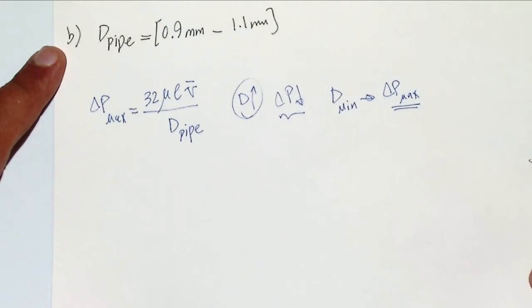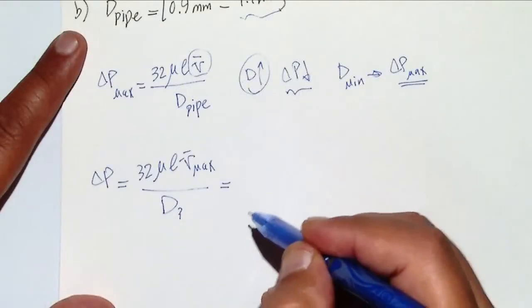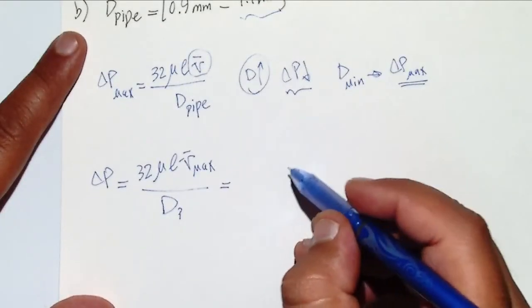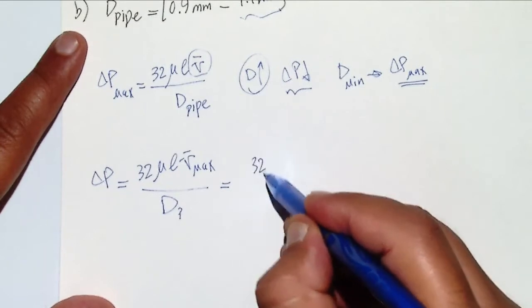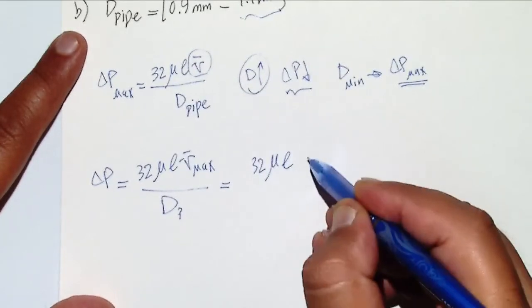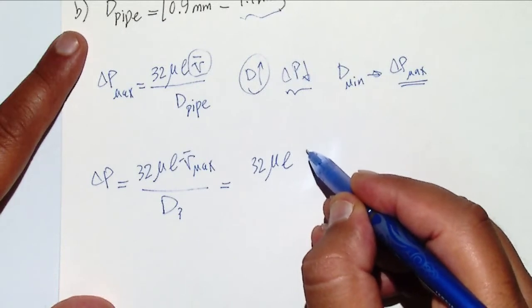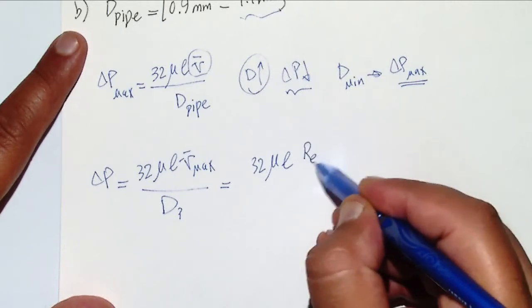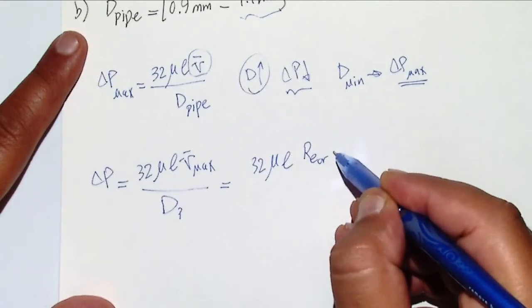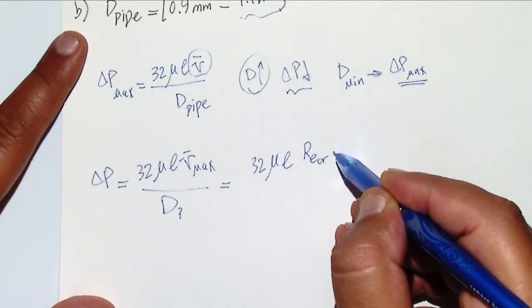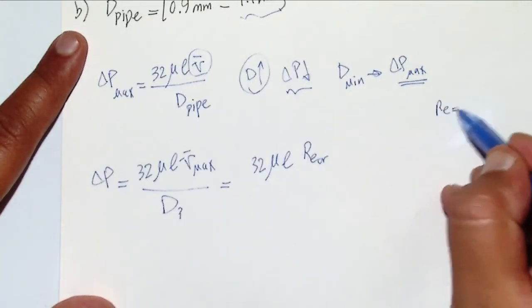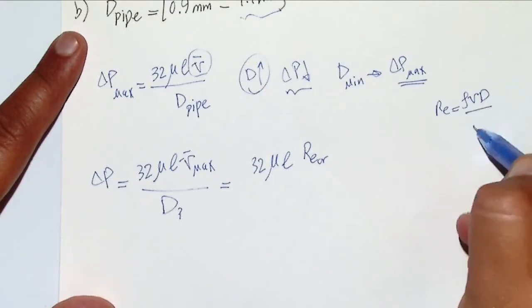Okay, replace V bar max with the critical number that you have. So it's going to be 32 mu L, and this is going to be Reynolds critical times nu. Reynolds is rho V D over mu, right?